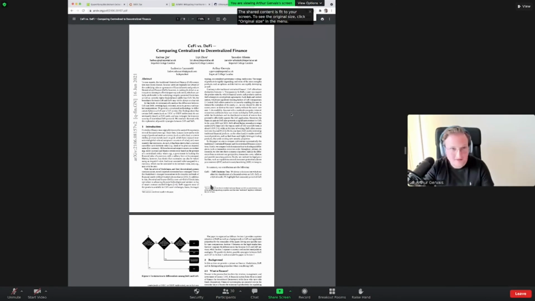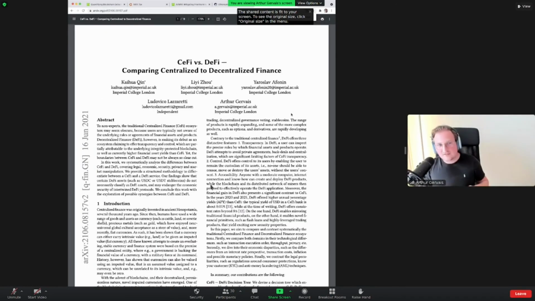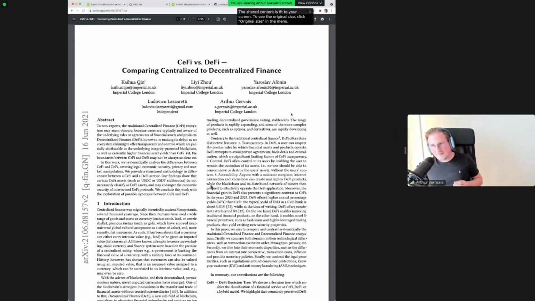I'm sorry to again provide a shameless plug for our latest paper, but we have a paper called DeFi versus CeFi. Let me quickly show this here. It's comparing centralized to decentralized finance. I think they can both beautifully coexist and learn from each other, right?